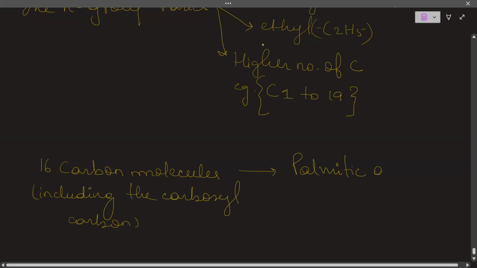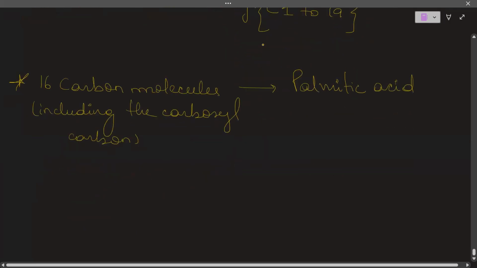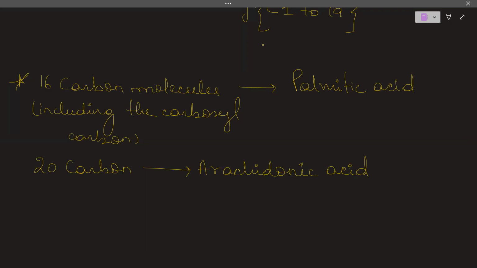Palmitic acid is that lipid molecule that has 16 carbons in it. Same way, when we talk about 20 carbons, again including the carboxyl carbon, the 20 carbon one is arachidonic acid. So on the basis of the number of carbon molecules present, including the carboxyl carbon, we can call them by different names.